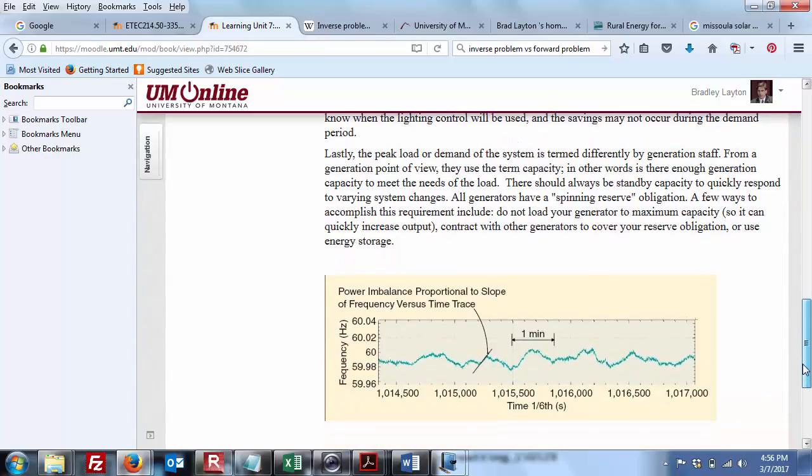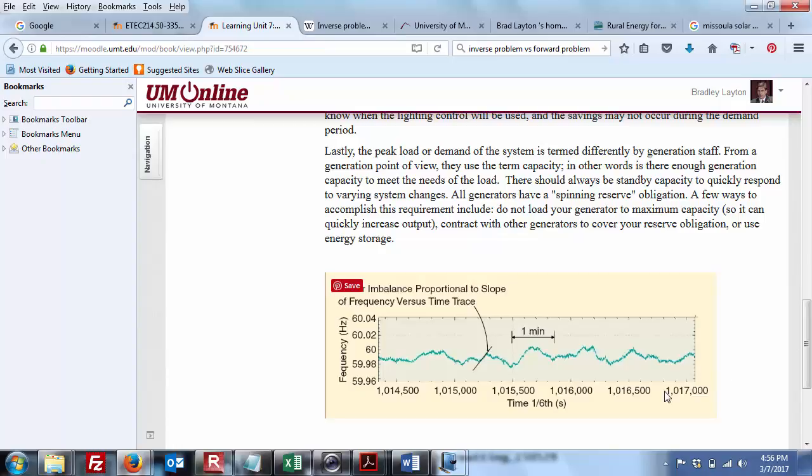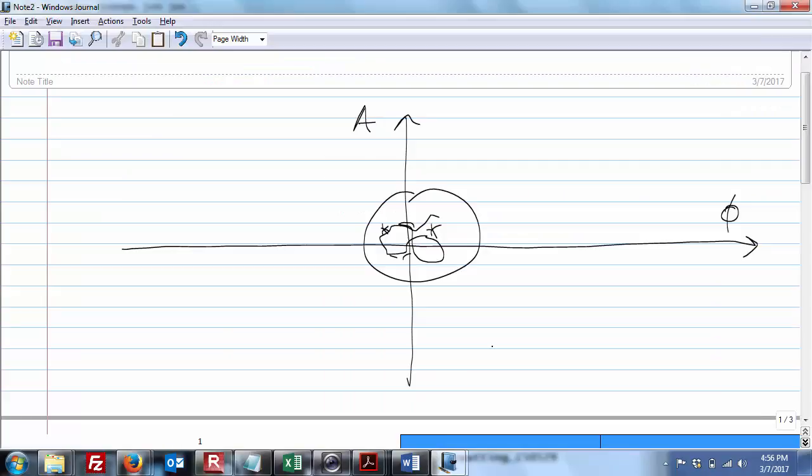Oh, and there we go. This is not the easiest graph to digest, but what's being plotted here is exactly what I was trying to depict.